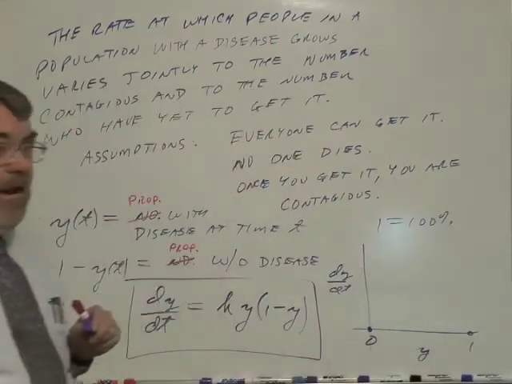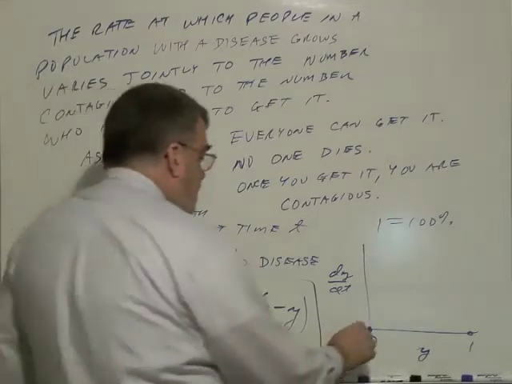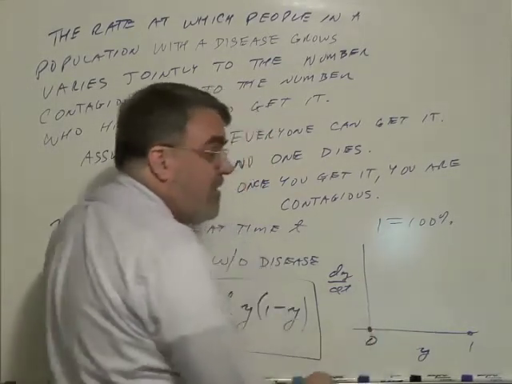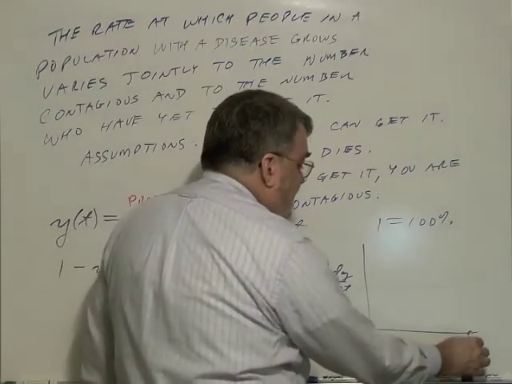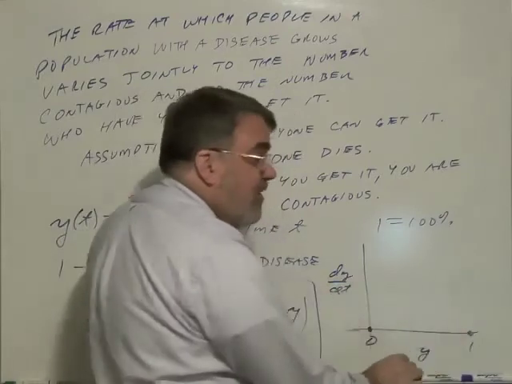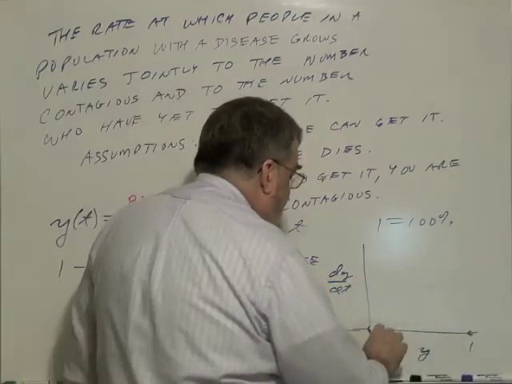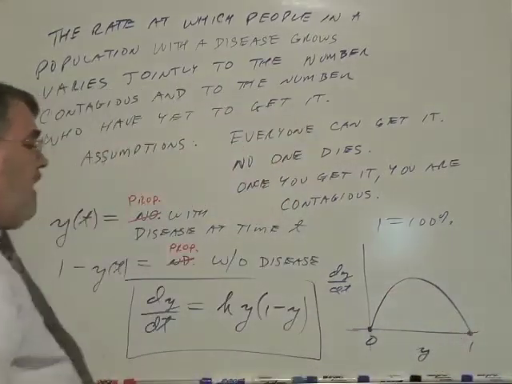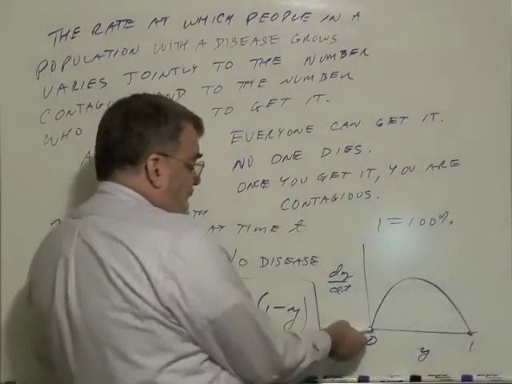If no one has the disease, then there's no one to pass it to, so the rate of growth is 0. If everybody has contracted the disease, then no one else is getting the disease, so the rate of change is 0. What happens in between? People are getting the disease. And it starts off down here.